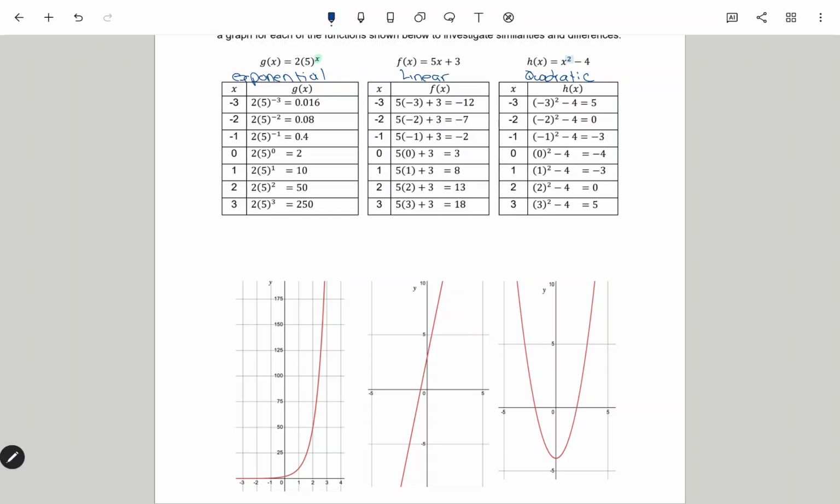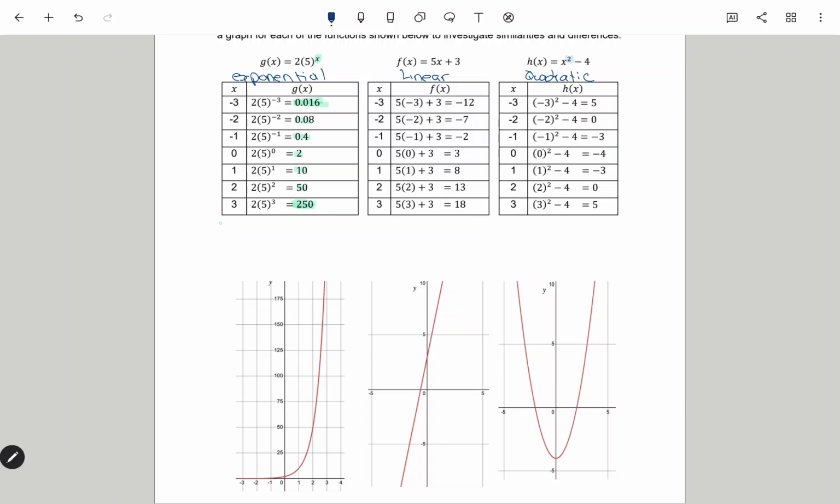So we're going to look at the y values of each of these tables and see how they differ. Let's look at our exponential one first. We're going to see what happens to these y values. As you can see, I start really small and I get really big in not that amount of time.